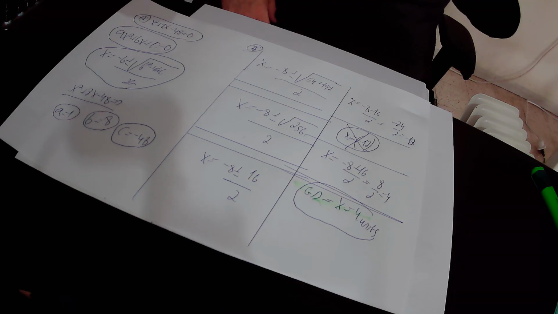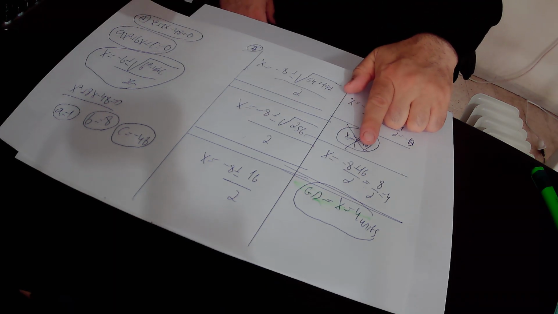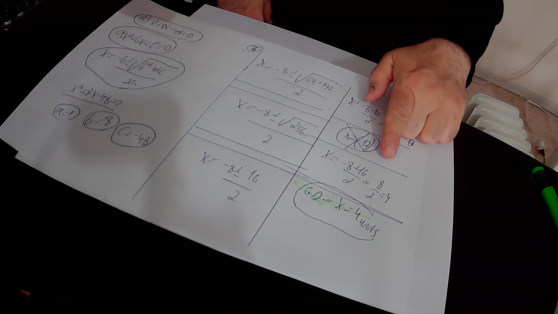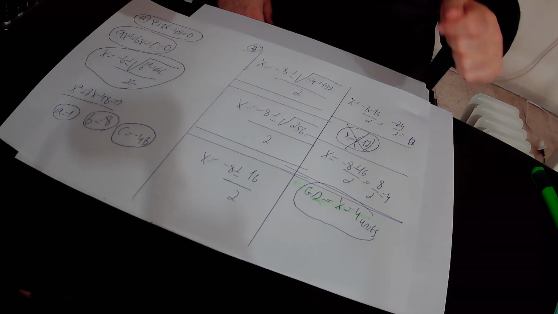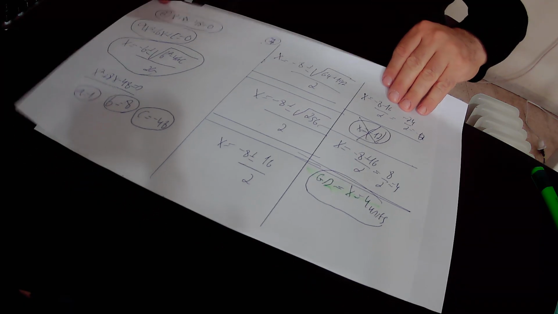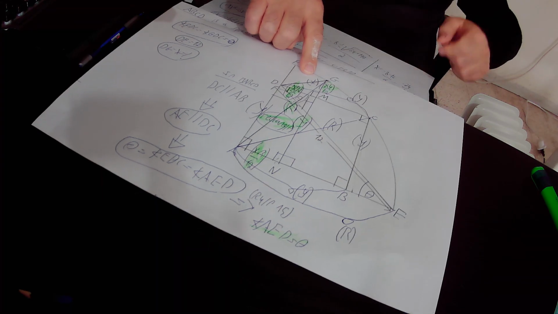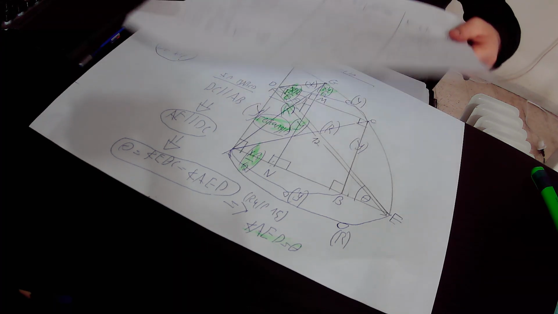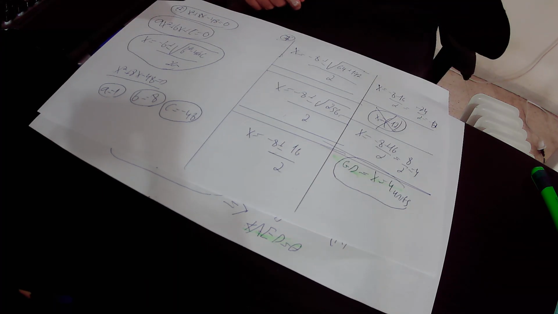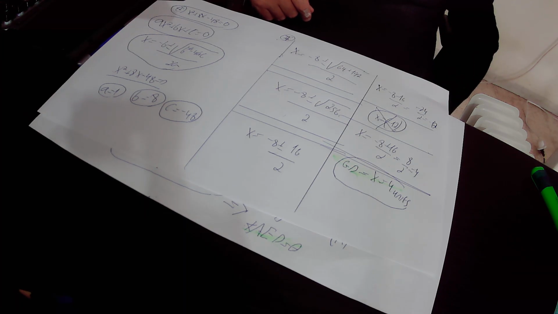And the positive solution for x is as follows: x equals minus 8 plus 16. Minus 8 plus 16 is 8, and 8 over 2 is 4. So we found out that the length of this line segment GD that's equal to x is equal to 4 units. Okay, that is the answer to the question. X equals 4 units in its length.